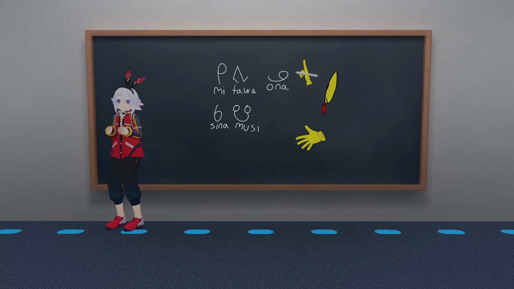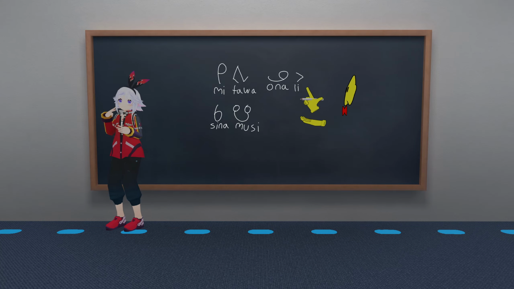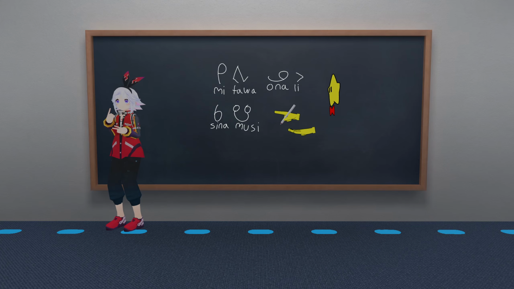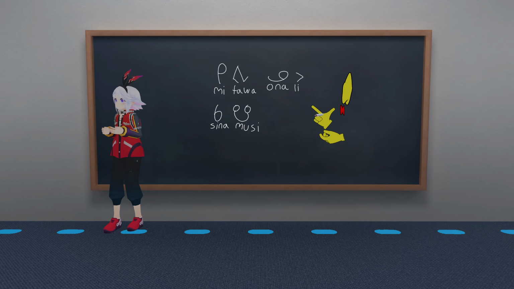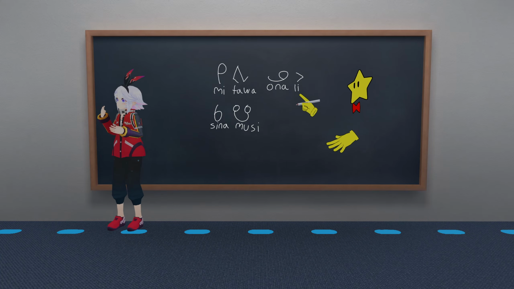And to form a sentence with ona as the subject, like I said, here's that new rule. There's another word, li. L-I. And unlike what we've seen so far, li doesn't really have a meaning. Li is a piece of grammar.